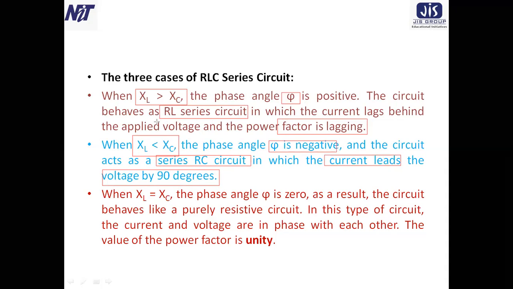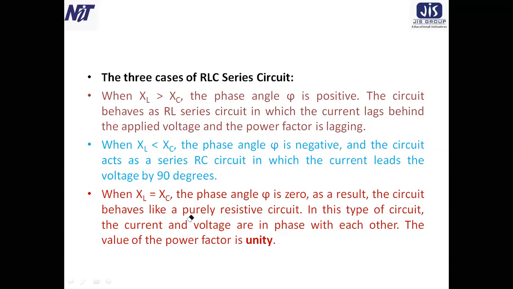Now when XL equals XC, what will happen? The most important topic. Everything is important, no doubt, but this is a well-known question. When XL equals XC, then the phase angle phi is 0, because no phase angle will be there.